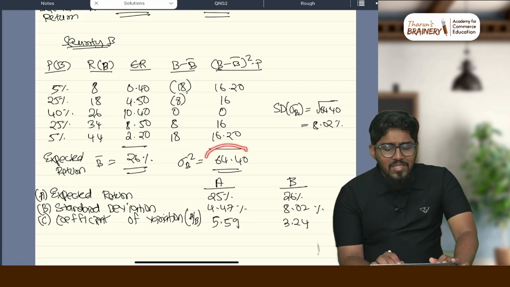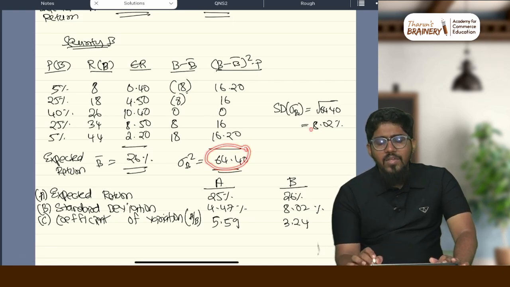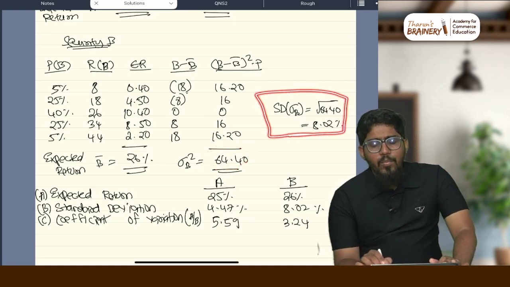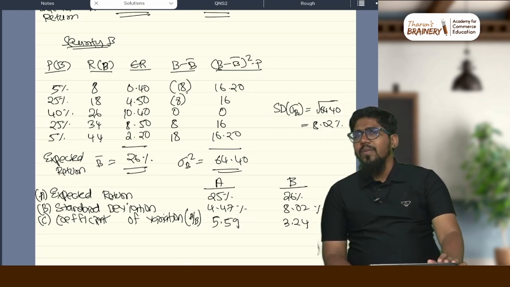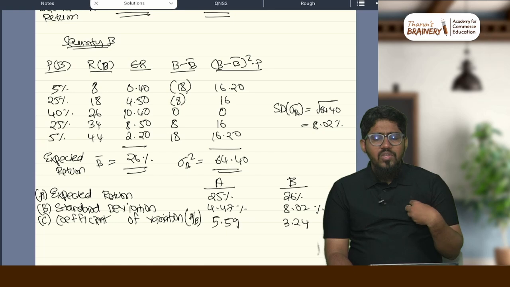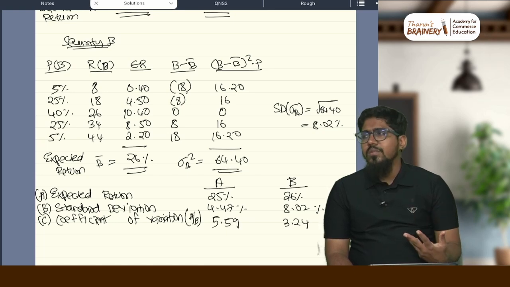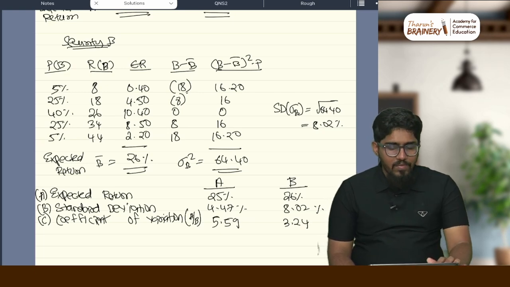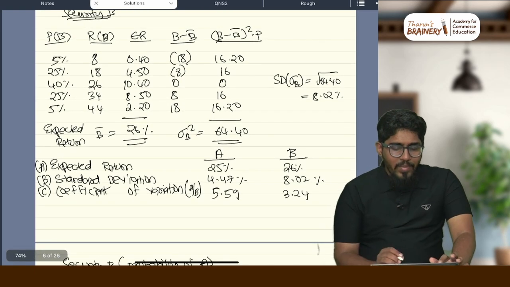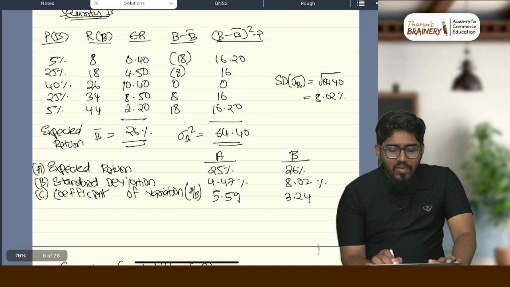If my variance is 64.40, what is my standard deviation? My standard deviation is 8.02%. My only request is that before the examination, see this question and a few questions, always solve them, because a lot of blunders and calculation mistakes are possible here. So now, my expected return for A is 25%.